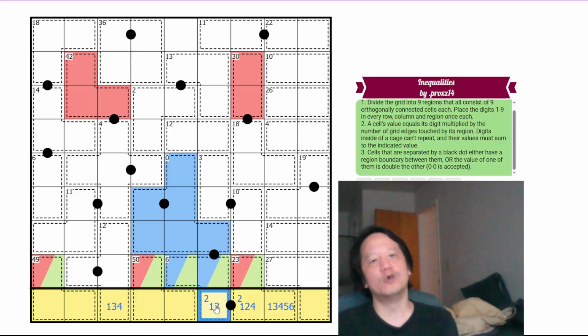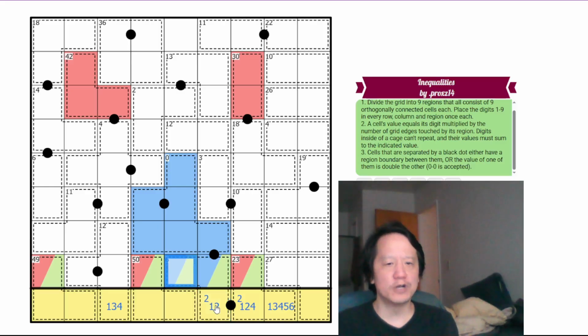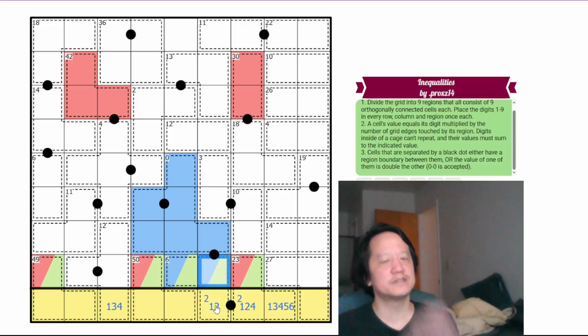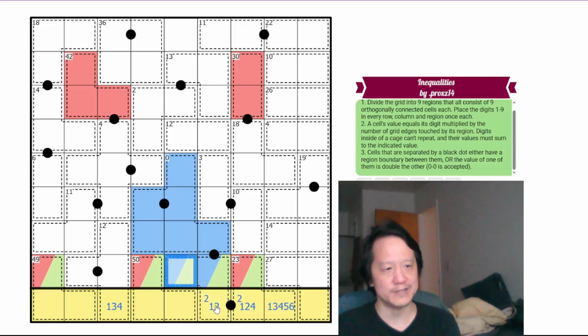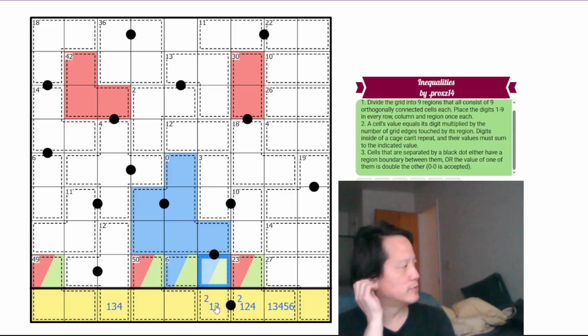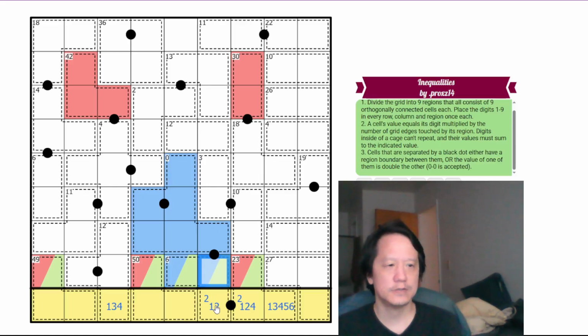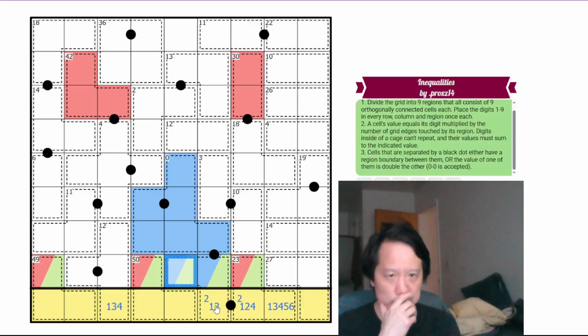So you could have 1. One of these is definitely blue. Because if you have 2 here, these are both blue. If you have 1 here, you have to be with 3 as a singleton, because you can't have 1 and 2 adding up as singletons. So one of them's guaranteed to be blue.